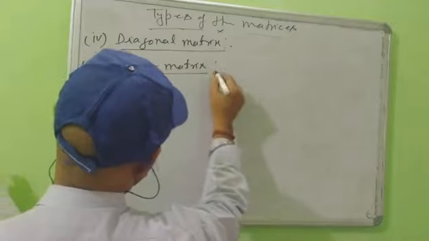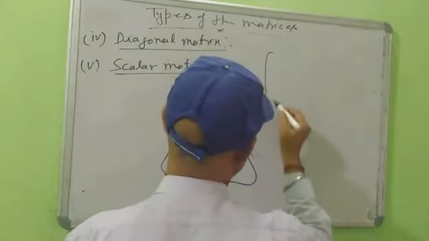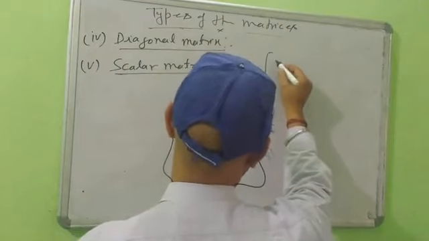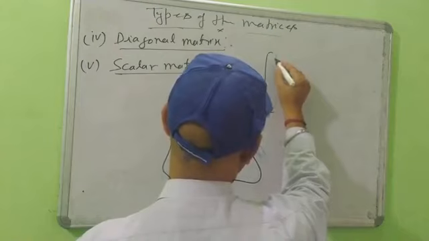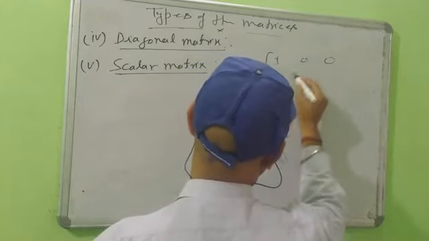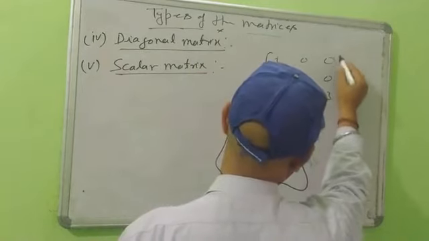What is the scalar matrix? This is also a square matrix. Suppose you write 3, 0, 0, 0, 3, 0, 0, 0, and 3.